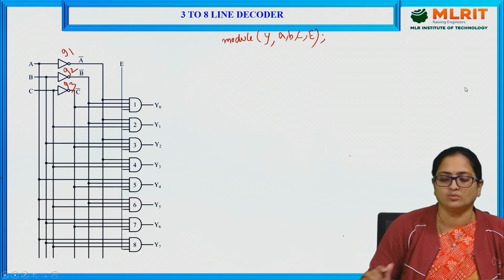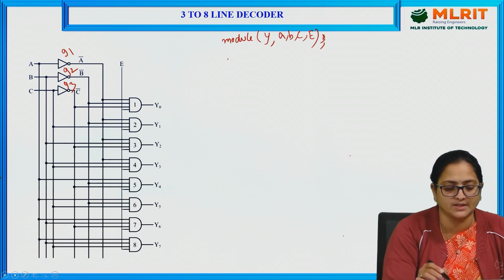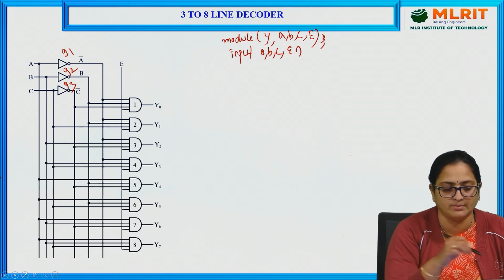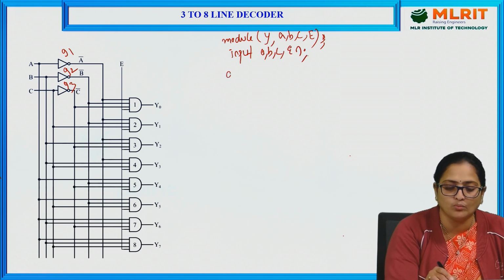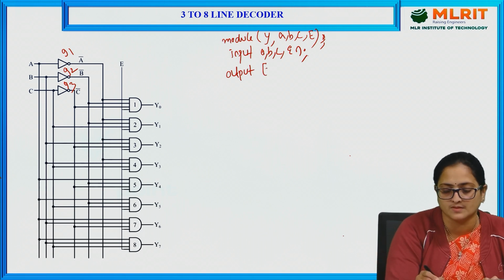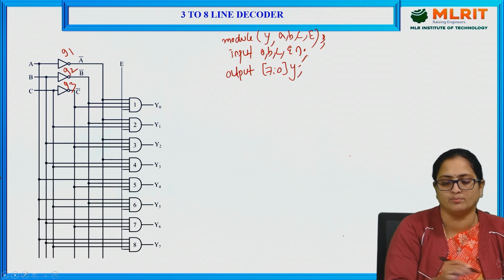Next, I need to declare inputs and outputs. So, what are the inputs? A, B, C, enable are the inputs. And what are the outputs? Outputs, I am declaring from 7 to 0 of Y are the outputs.